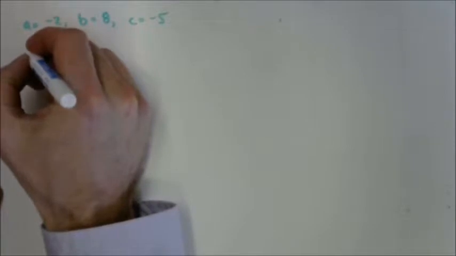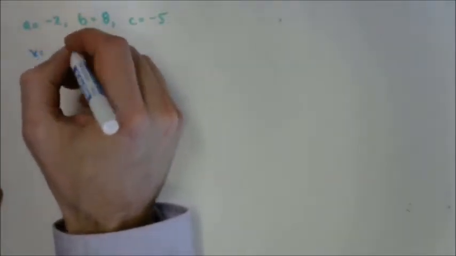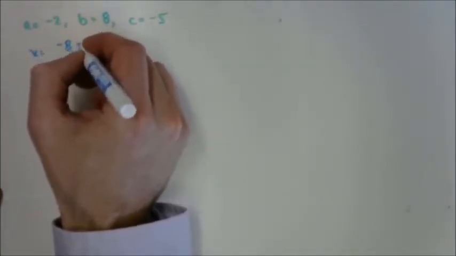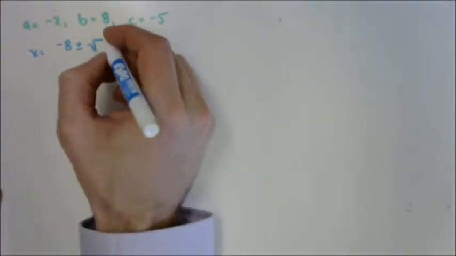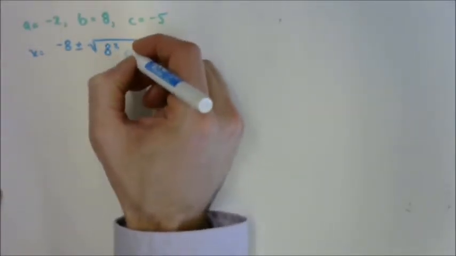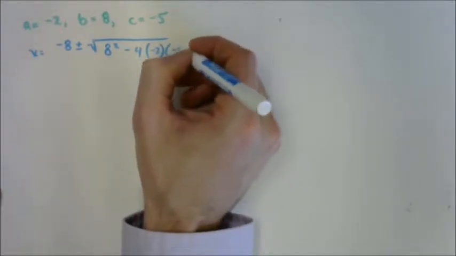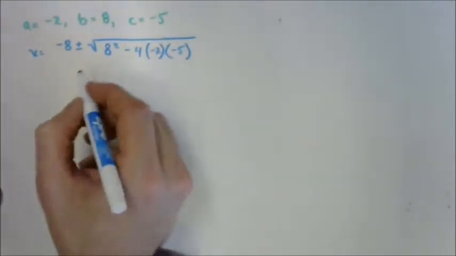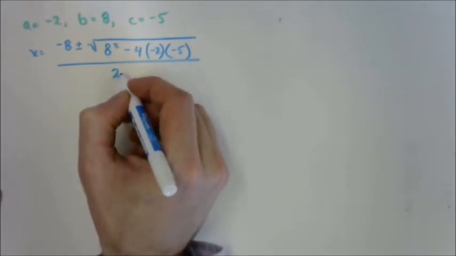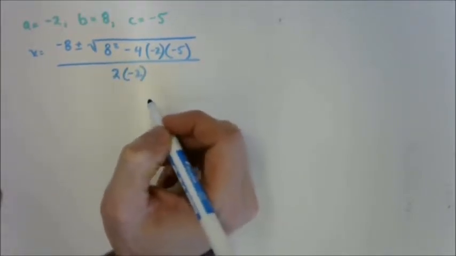So we've got x equals negative b, which is negative 8, plus or minus square root of b squared, which is 8 squared, minus 4 times negative 2 times negative 5, all over 2 times negative 2.